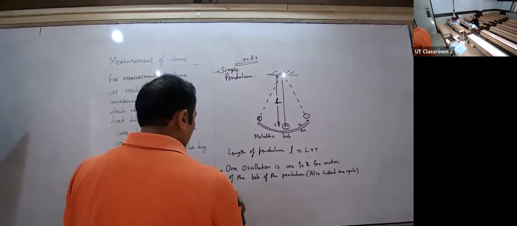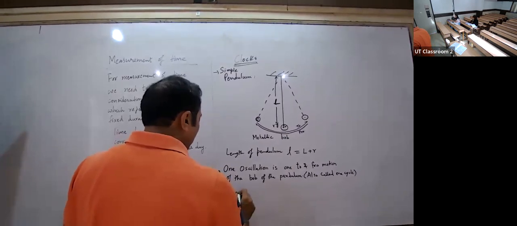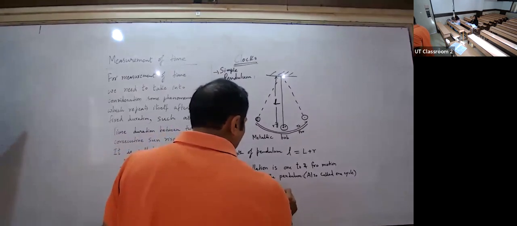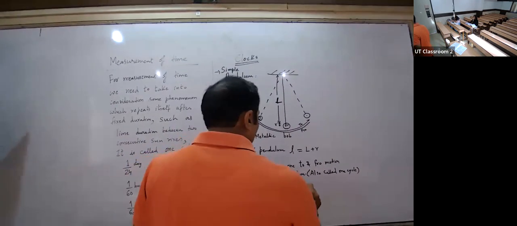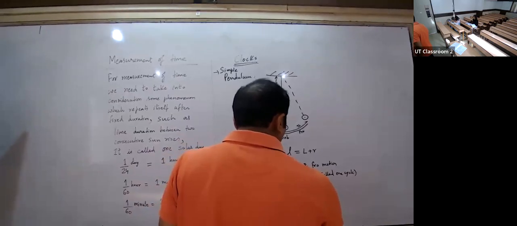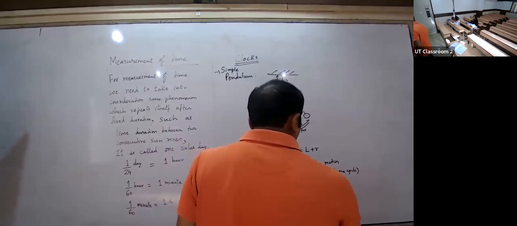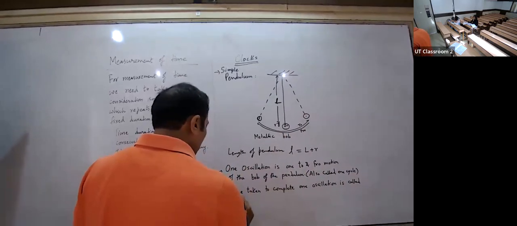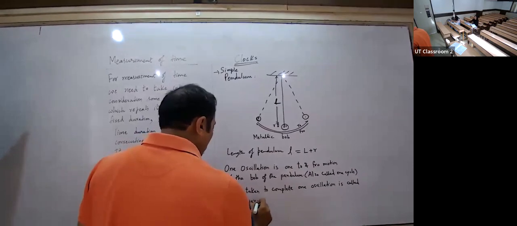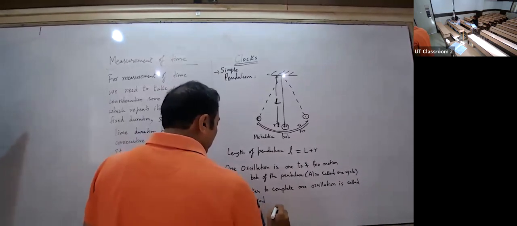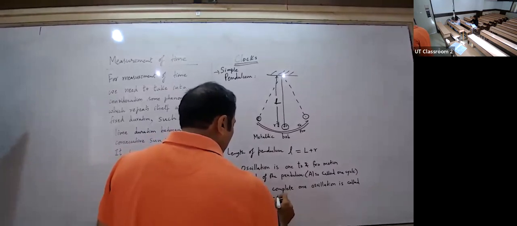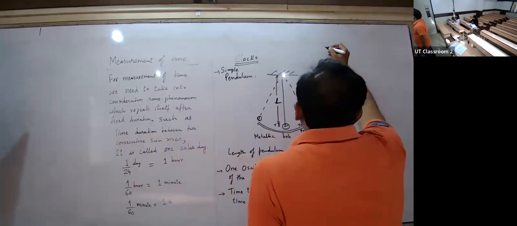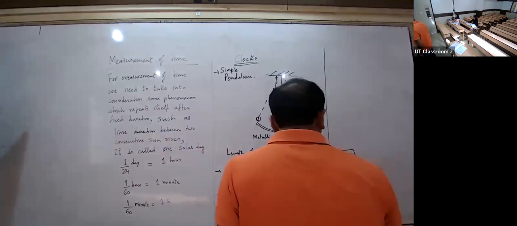So what is time period? The time taken to complete one oscillation is called time period. Its symbol is capital T. These are the terms associated with time.